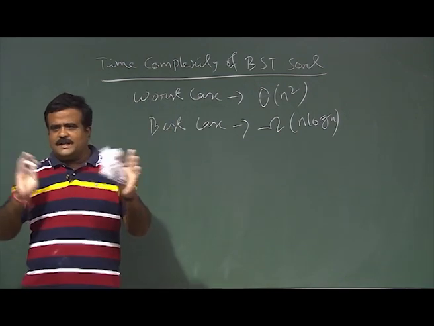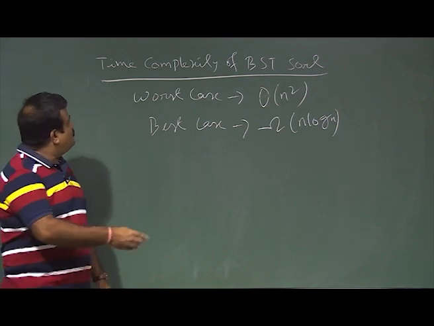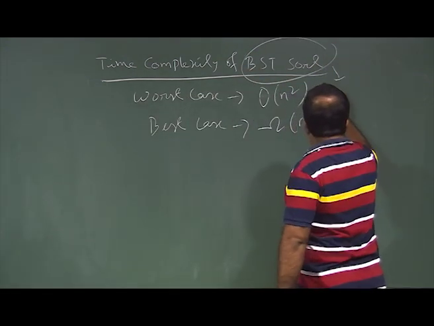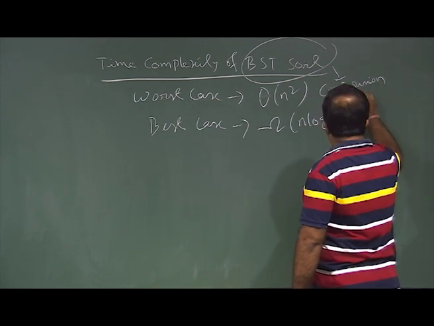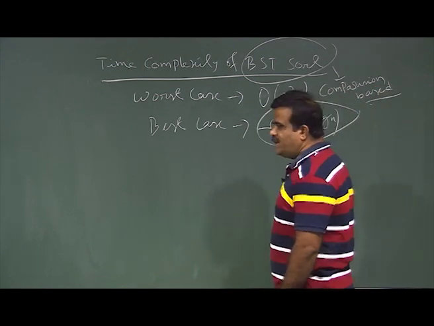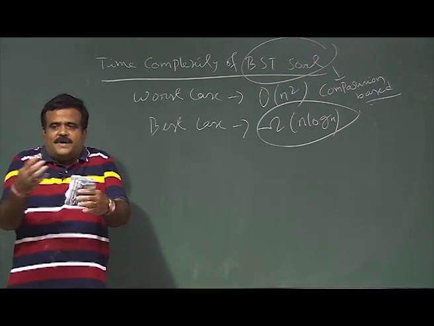We have studied comparison based sorts, and BST sort is also a comparison based sort, and that is why the lower bound has to be n log n. We cannot do better than n log n.